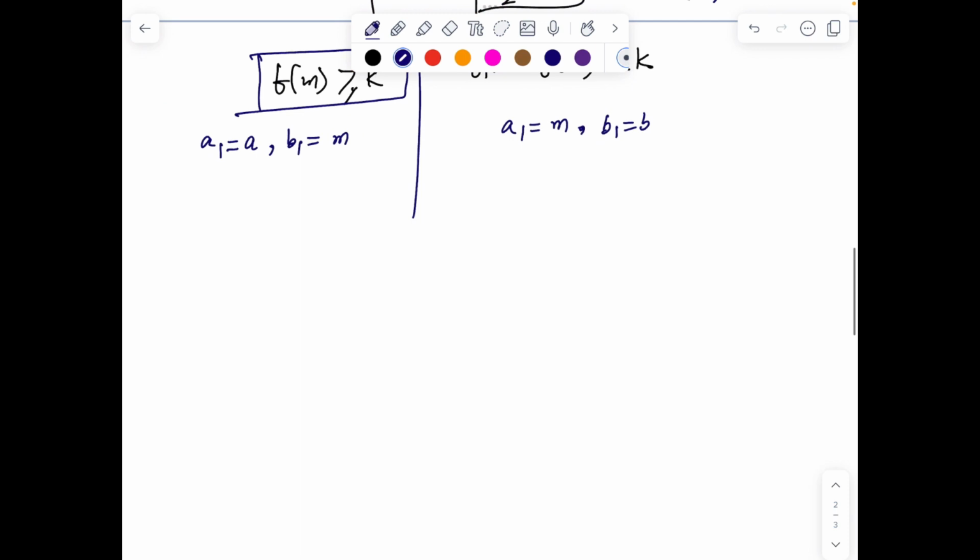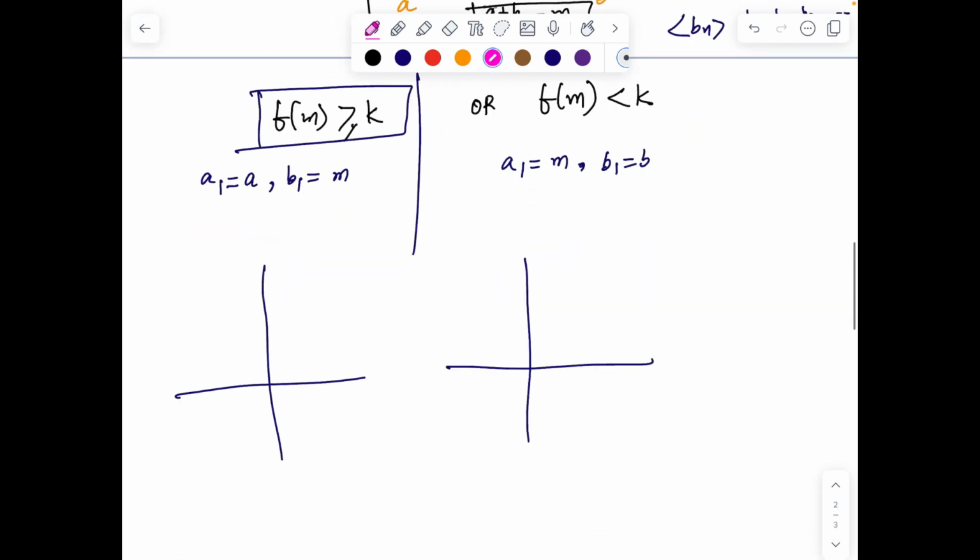So what I mean is as follows. Let me review the diagram again to give you a full feel. We have a function from a to b. We have got a midpoint (a plus b) by 2. In this situation, this is f of m, and this point I'm calling m. Let's say f of m is more than k.